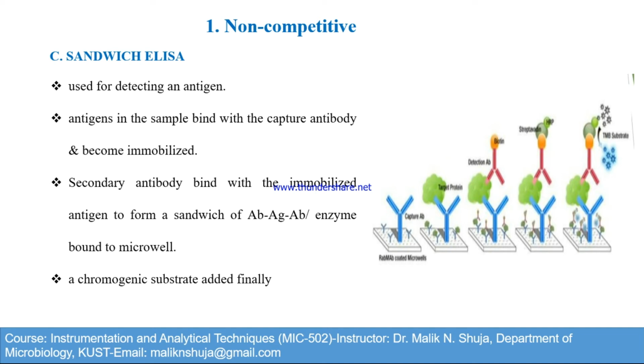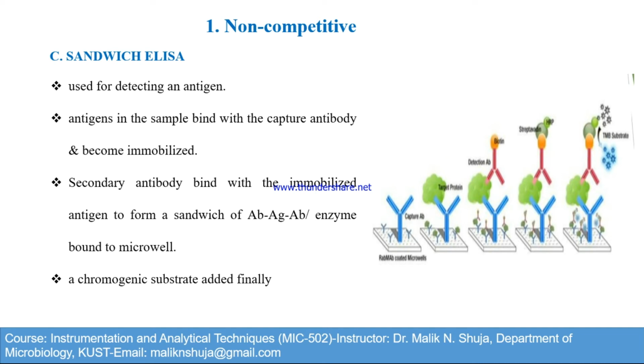Antigen in the sample binds with the capture antibody and becomes immobilized. The antibody of the enzyme conjugate binds with the immobilized antigen to form a sandwich of antibody, antigen, antibody, enzyme bound to the microtiter well.